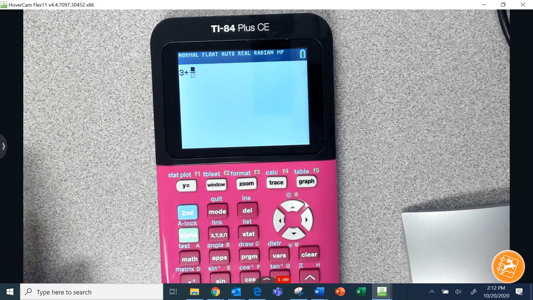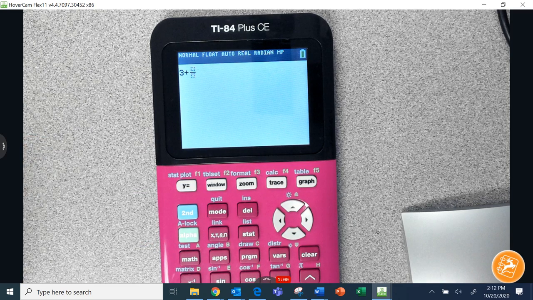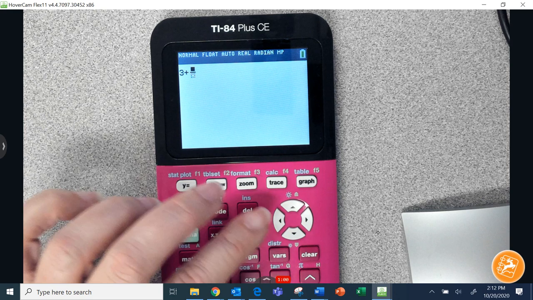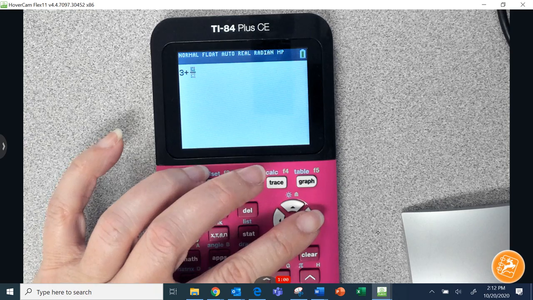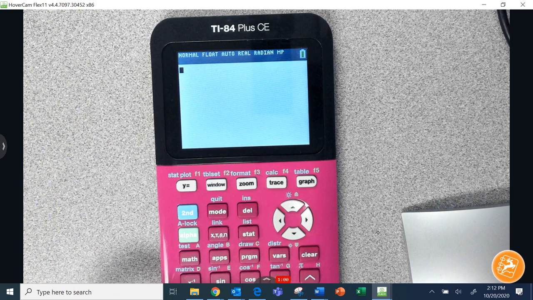You're probably going to need an extra set of parentheses around your numerator to type it in. Alpha, y equals, enter. There's even a shorter way of doing it, but I can't remember what it is. It might just be alpha x. X is the shorter way. Okay.